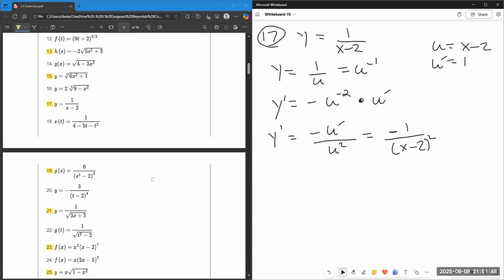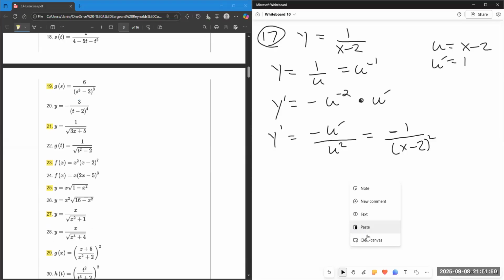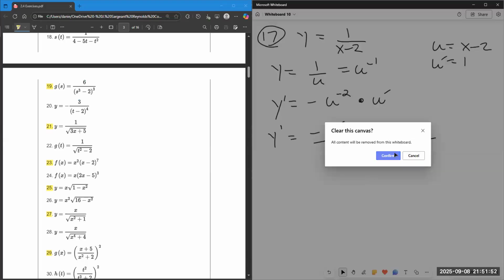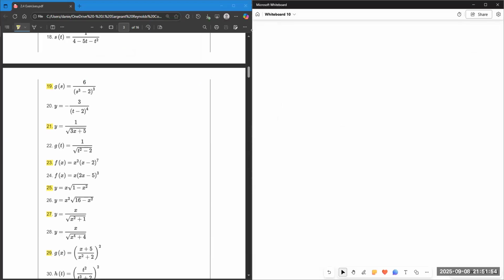Let's look now at number 19. 19 says g of s is equal to 6 over the quantity s squared minus 2 raised to the third power.